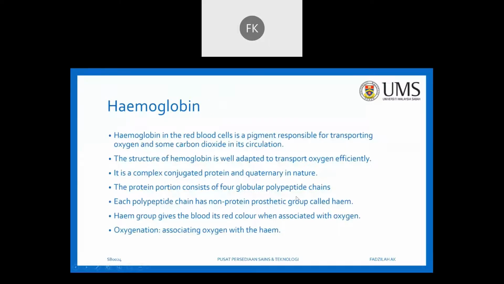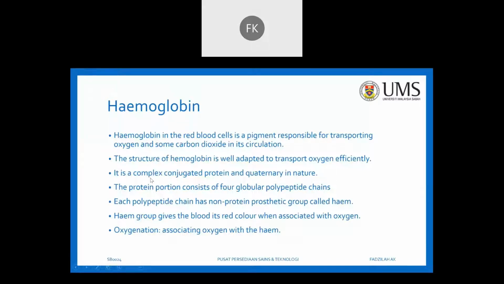Hemoglobin is the pigment in the red blood cell responsible for transporting oxygen and some carbon dioxide in its circulation. The structure of hemoglobin is well adapted to transport oxygen efficiently.